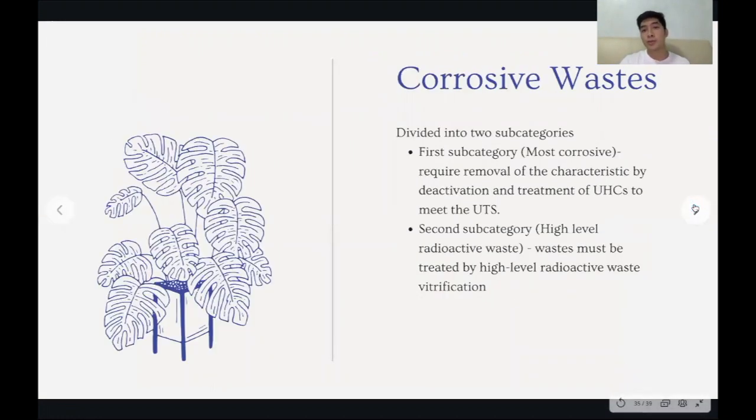For corrosive wastes, it is divided into two subcategories. The first one is the most corrosive category, which requires removal of characteristics by deactivation and treatment of UHCs to meet the UTS. The second subcategory is the high-level radioactive waste, meaning the waste must be treated by high-level radioactive waste vitrification.